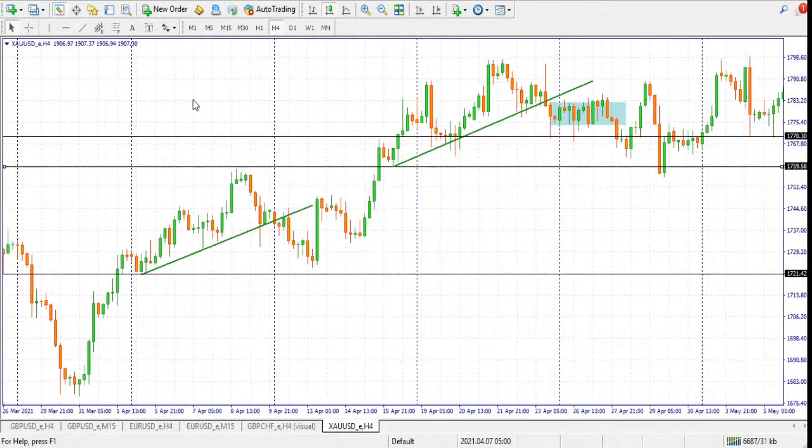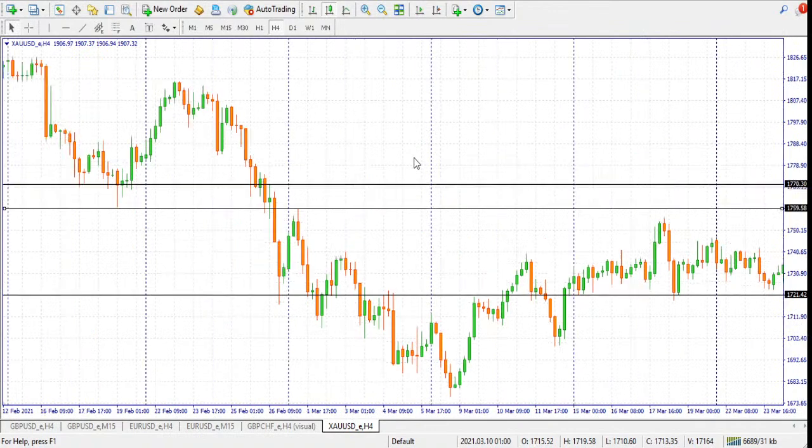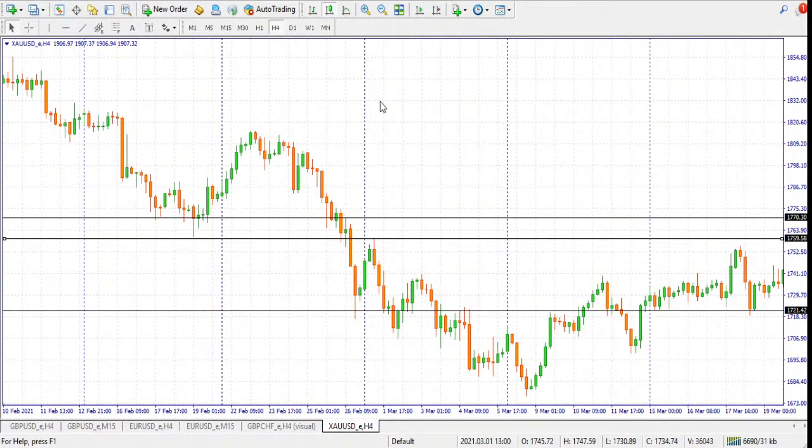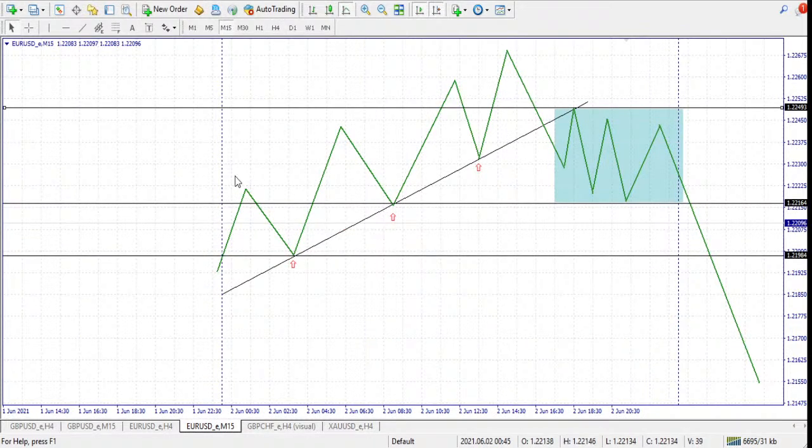Let's get a different example. The same thing would apply if you're having a declining trend line, like a resistance trend line which is heading downwards. Let me draw that.